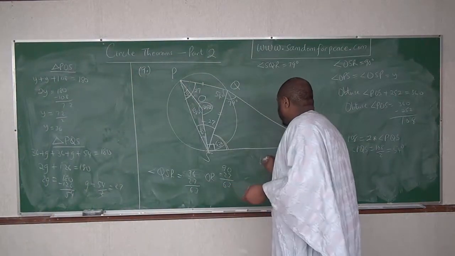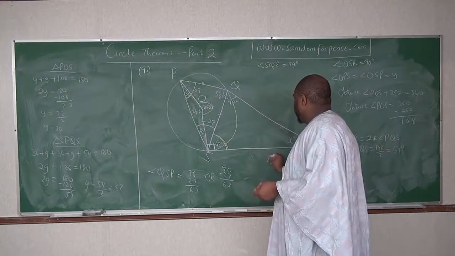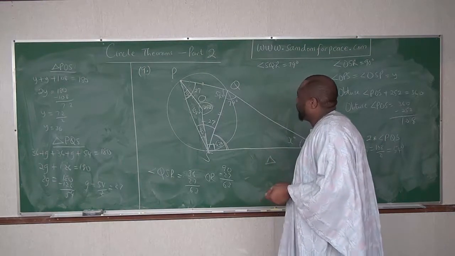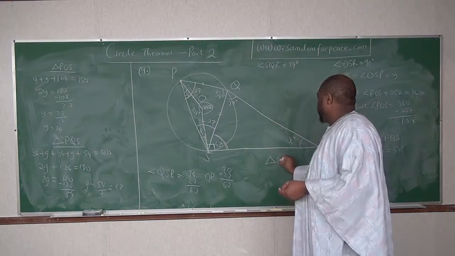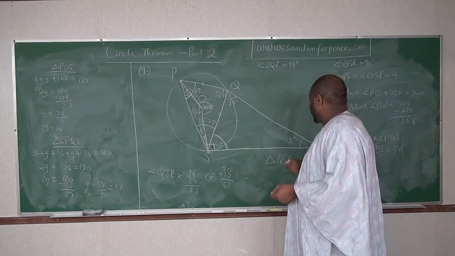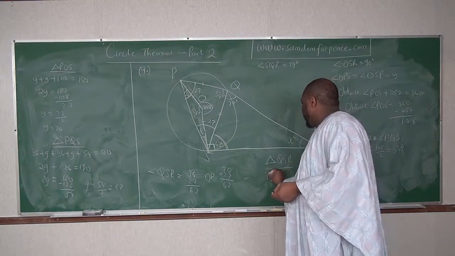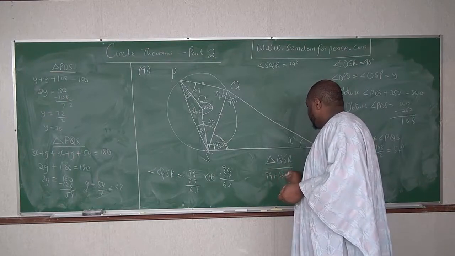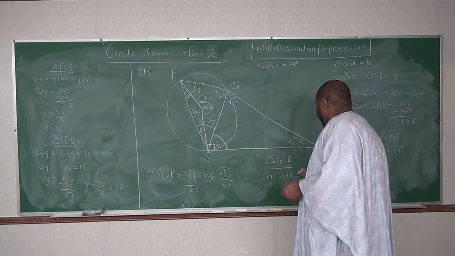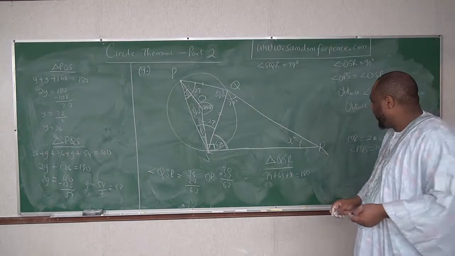So 63, now considering triangle QSR. 79 plus 63 plus x is 180. Okay?